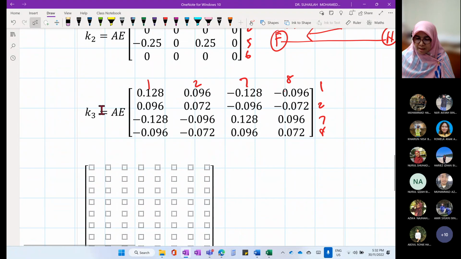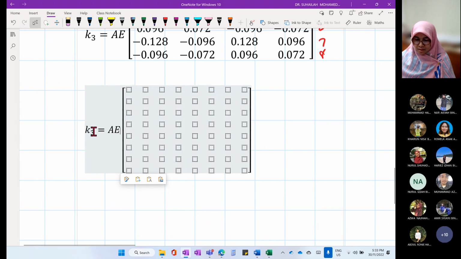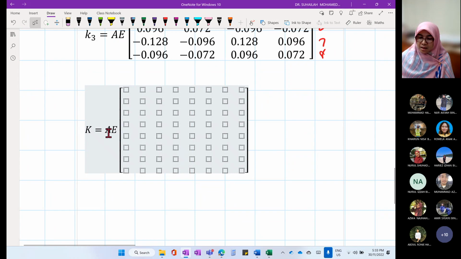It is an 8 by 8 matrix. The structure stiffness matrix is K1 plus K2 plus K3, and it is written with a capital letter K to represent the structure stiffness matrix.